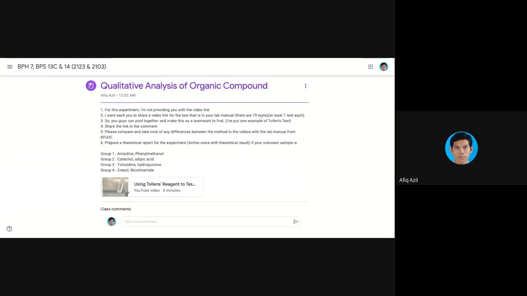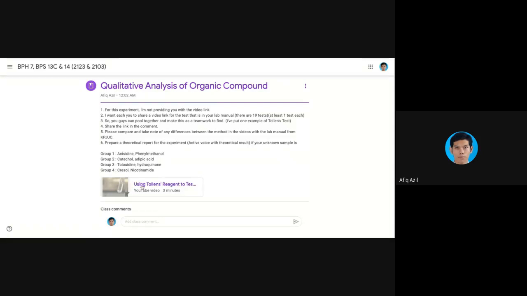There are 16 of you, so you should share at least one test each. But if possible you can share maybe two, so that all of the 19 tests will be covered. 19 minus 1, I give one example over here, so there are 18 left. So try to cover all of the 18 tests.